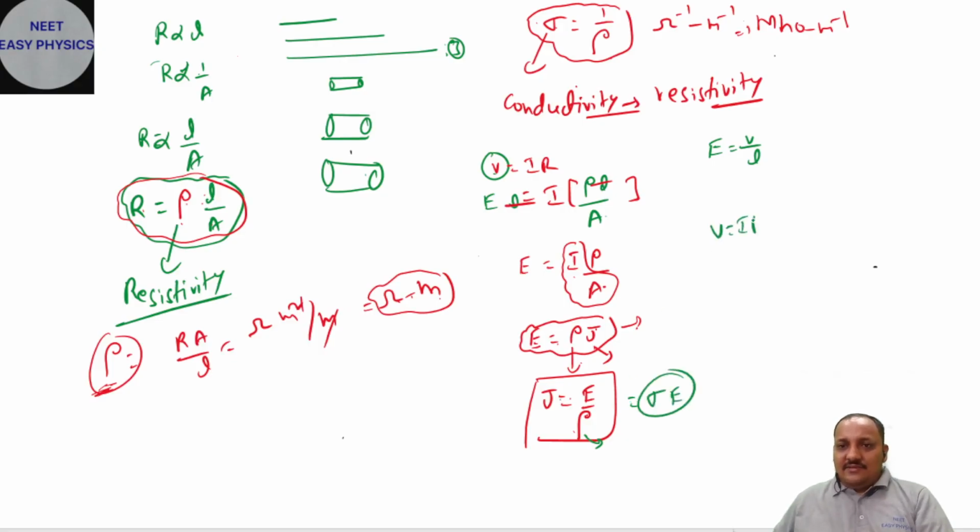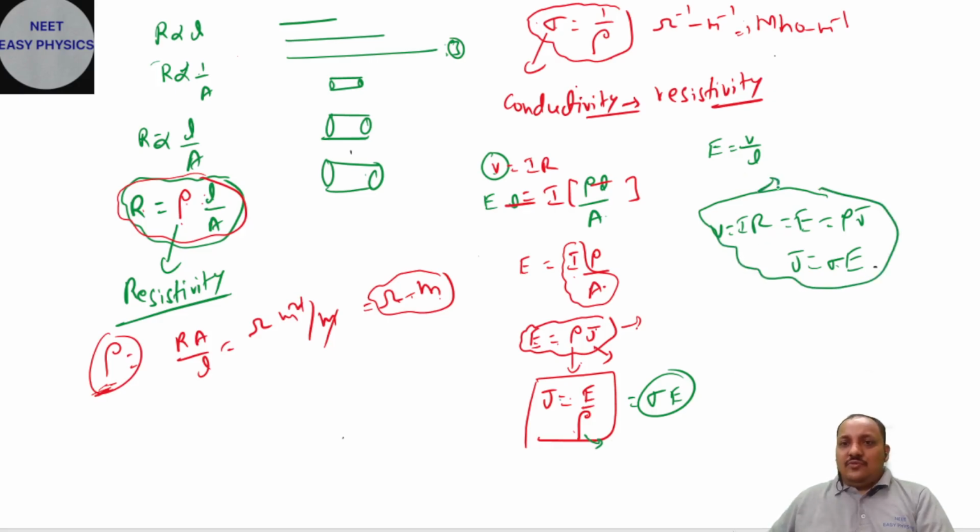So V is equal to IR, E is equal to rho J, and J is equal to sigma E. So all these are different forms of Ohm's law. Very important relations.